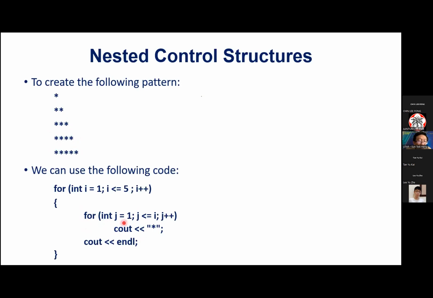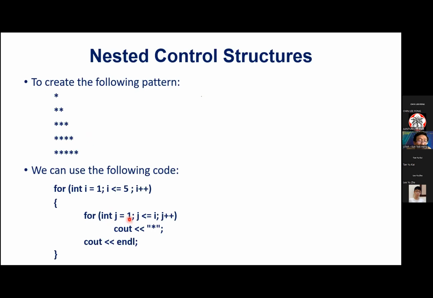If the inner for loop loops 1 time, then we'll print 1 star. If the inner for loop loops 2 times, we will print 2 stars. If it loops 3 times, we'll print out 3 stars. If the inner for loop loops 4 times, then we'll print out 4 stars.